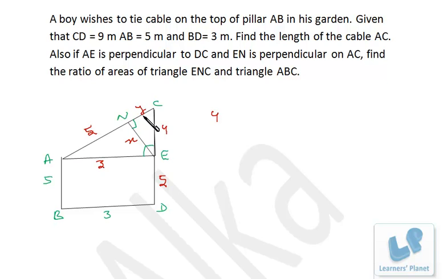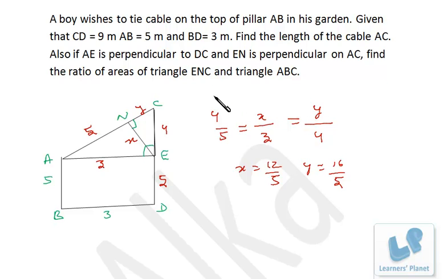Opposite to 90 degrees it is 5. The side opposite to the common angle is x. The side opposite to the common angle is 3. And the third side is 4x. The third side is y. And here it is 5, 3. So it's 4. Okay. So from these two, x is equal to 12 by 5. And from these two, y is equal to 16 by 5.